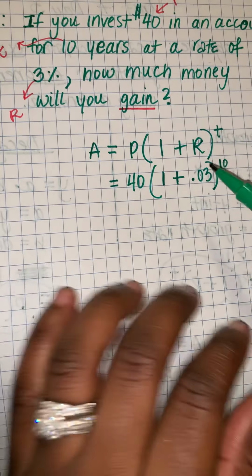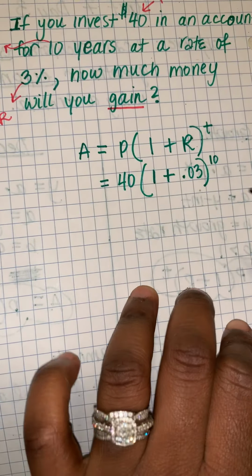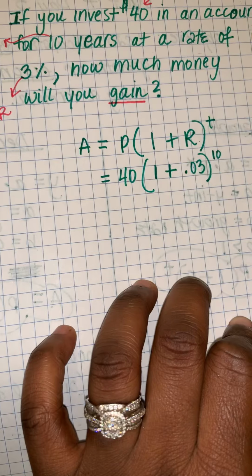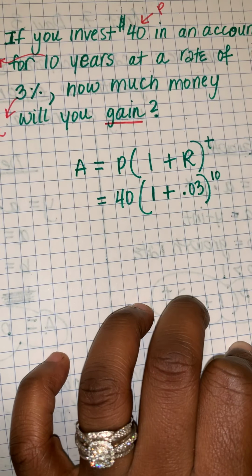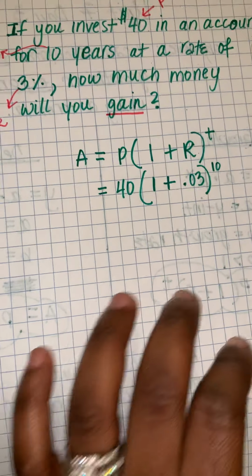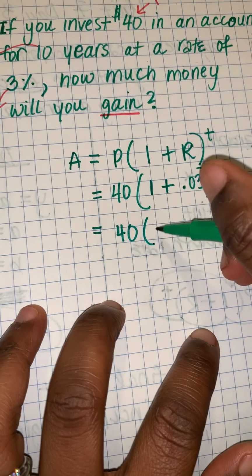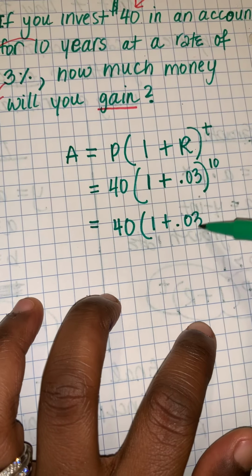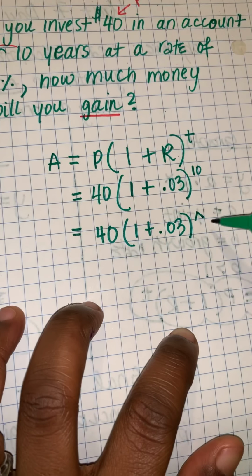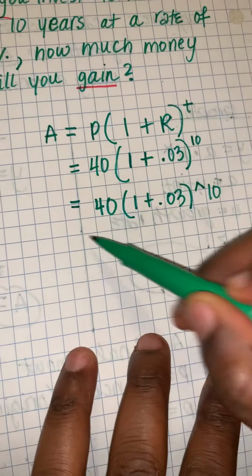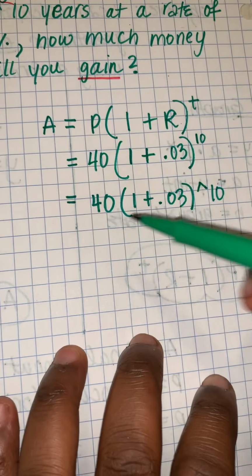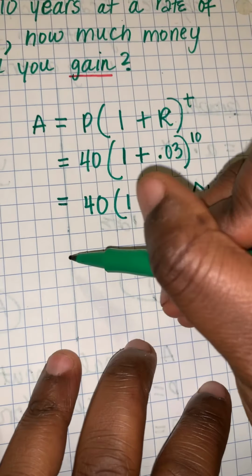Literally, exactly how this looks is exactly how you should put it into your calculator. Remember, this 10 is an exponent, so you have to use the caret key and then put it up. I'll even write how it should look in your calculator. It should be 40, 1 plus 0.03, and then a caret key, and then 10. This is how you should write it in your calculator, because then you'll get the exact correct answer.